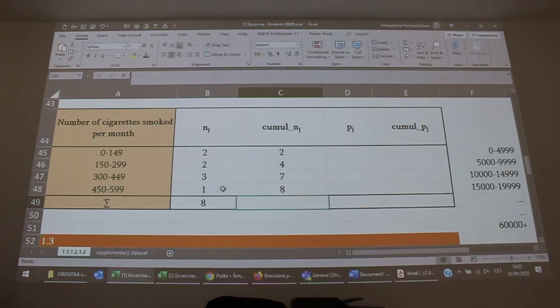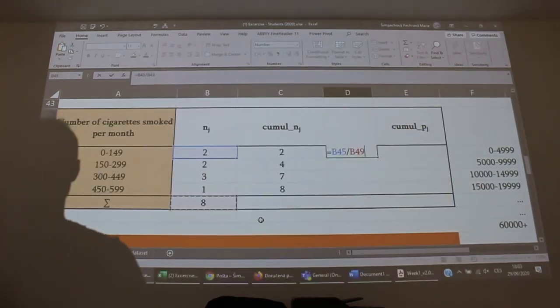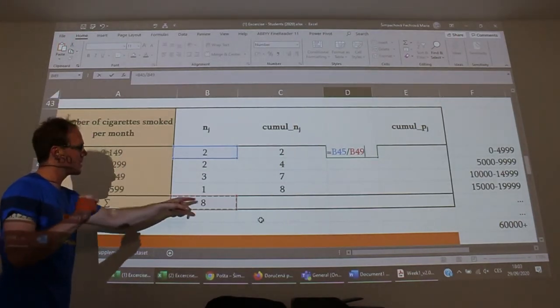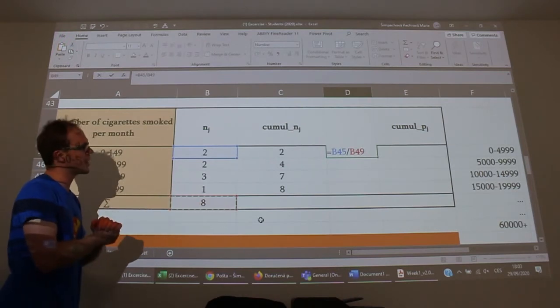Proportions: 25%, 37.5%, and 12.5%. If you don't believe me, you can calculate the proportions, this value divided by 8, and the denominator is still the same.